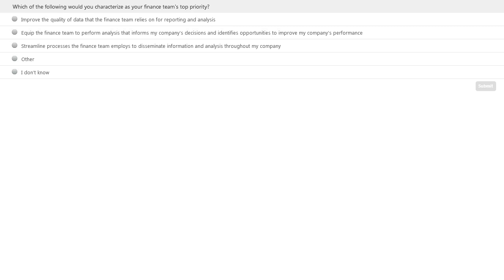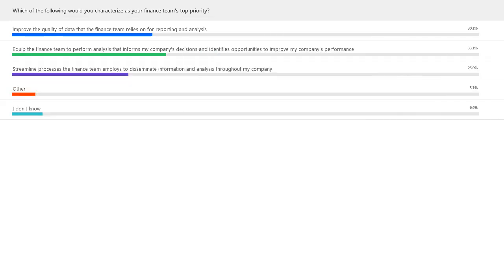Larry and Satish. What is already quite readily apparent here, and quite interesting, is that a plurality of respondents, about a third, have indicated that their top priority is to equip the finance team to perform analysis to inform decisions and identify opportunities to improve performance.